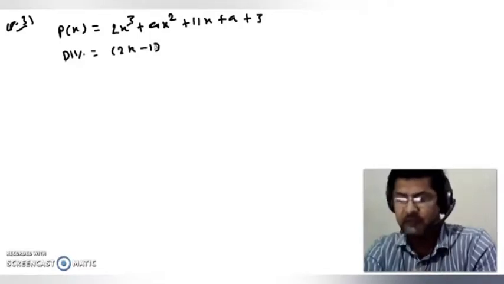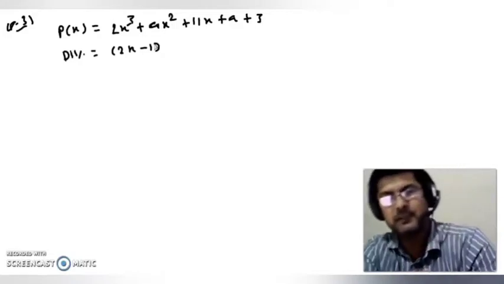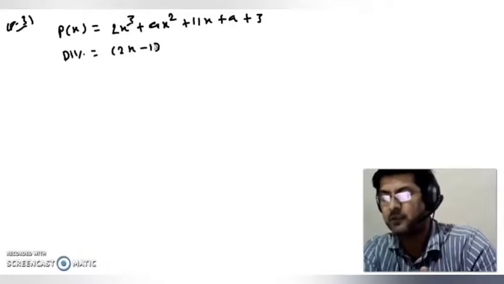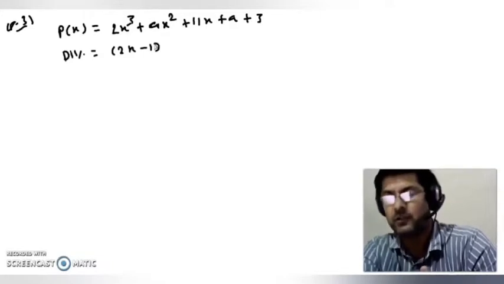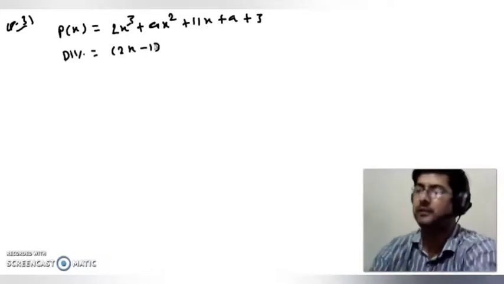Okay, if the divisor is an exact divisor of a given polynomial, that means the remainder will be 0. So if P of x is divided by 2x minus 1, or if P of x is exactly divisible by 2x minus 1, then the remainder will be 0.